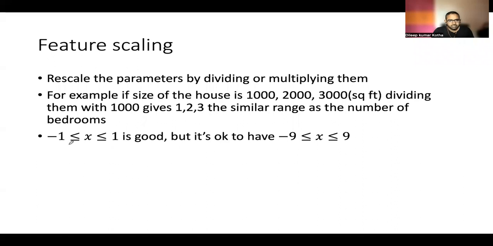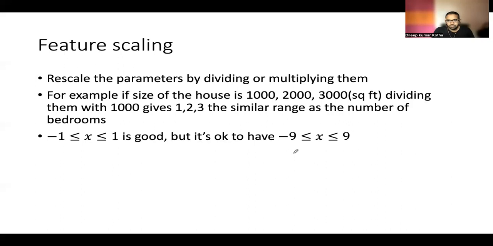So having the variables in a range between -1 to +1 is good, but it's also okay to have between -9 to +9 or a similar range. And if we have one set of variables between 1 to 10 and another set of variables in say 10,000, 20,000, that is not okay. In the same manner, if we have one set of variables between 1 to 10 and another set of variables in microsecond or millisecond, that is also not okay.